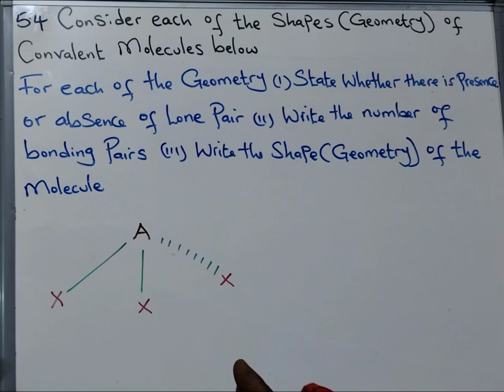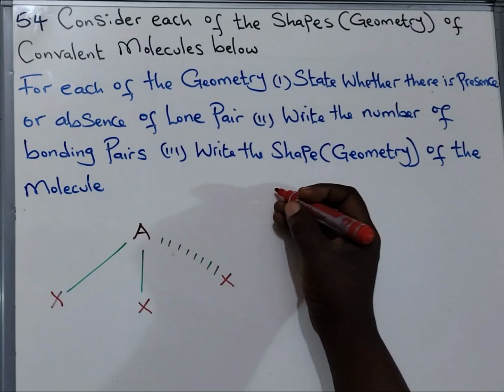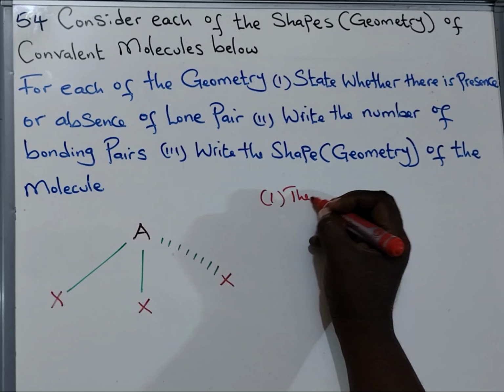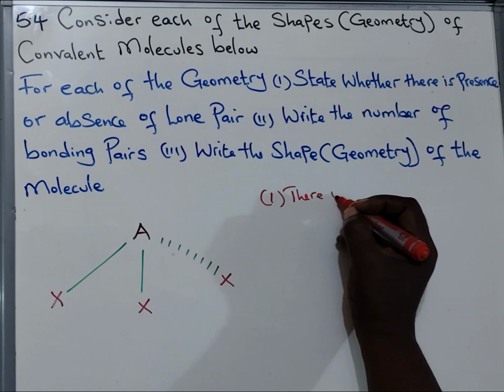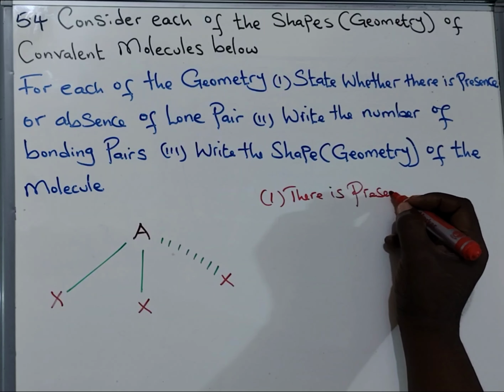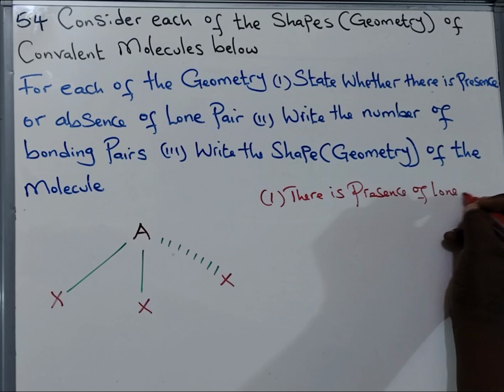You see they are curving towards each other. So whatever is pushing it must be a lone pair. So we have a lone pair. So there is a presence of lone pair.